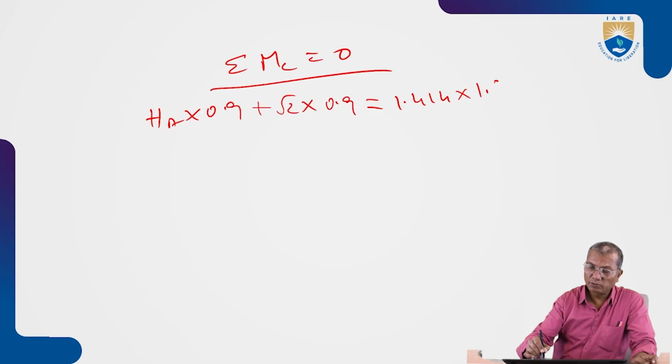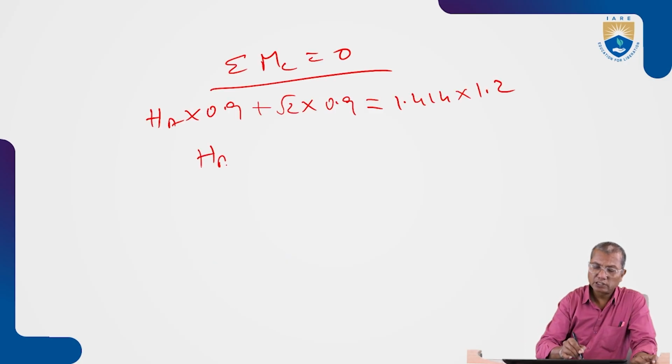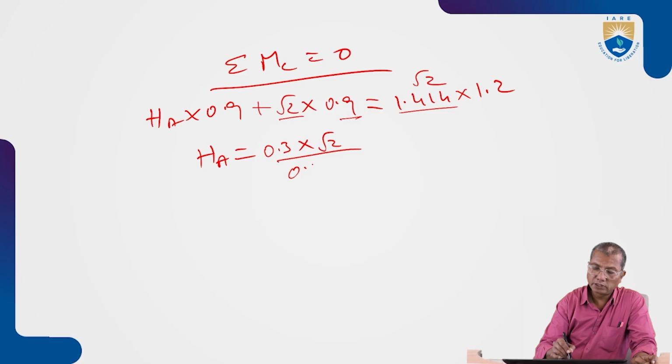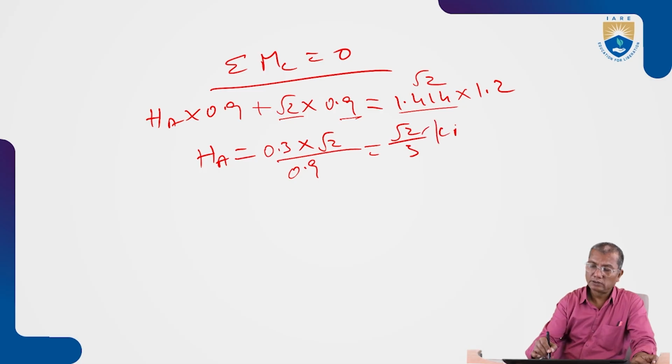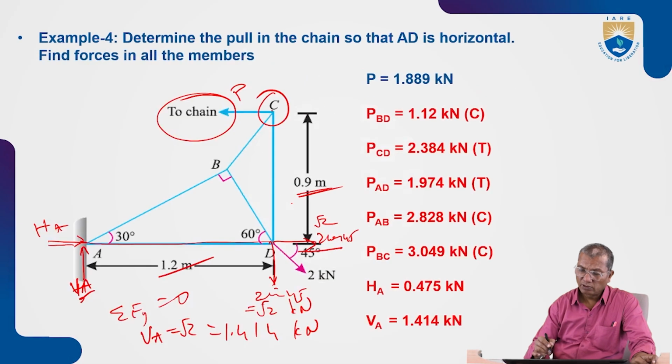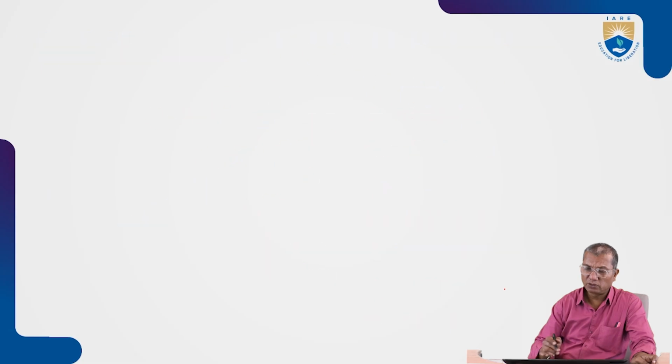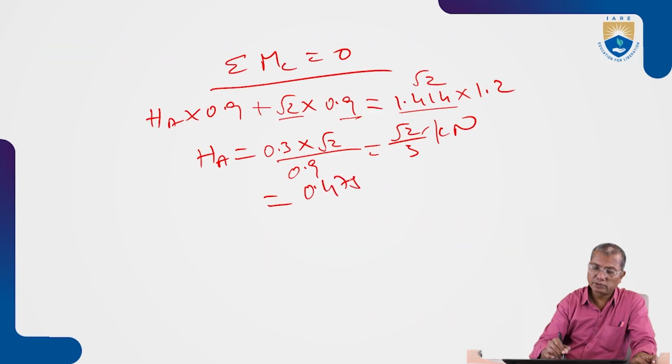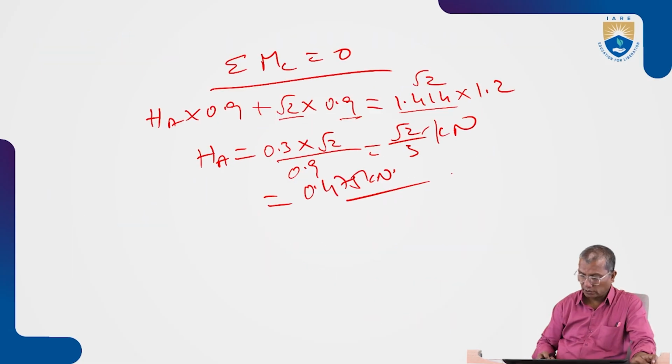So HA is equal to root 2 into (1.2 minus 0.9), that is 0.3, divided by 0.9. So it is root 2 by 3, which comes out to be 0.471 kilonewtons.